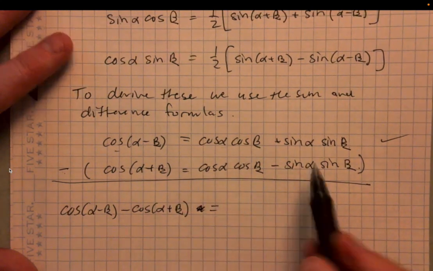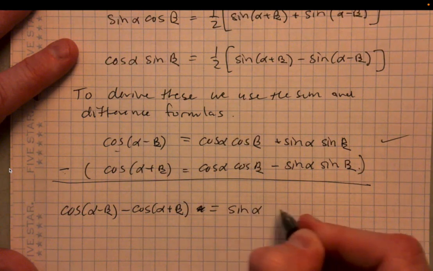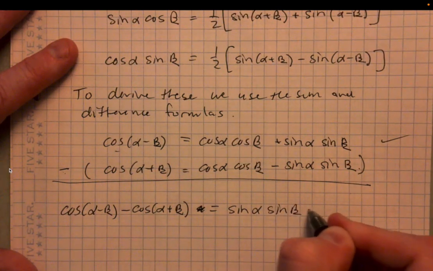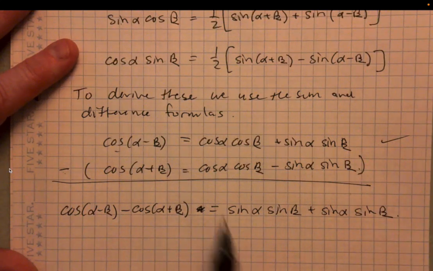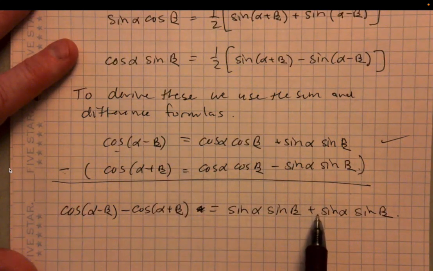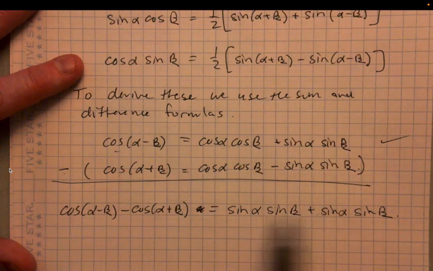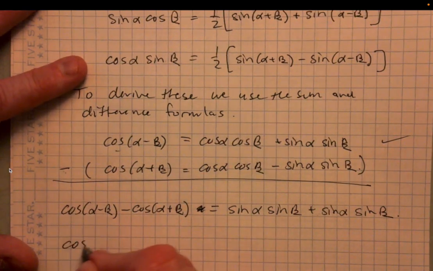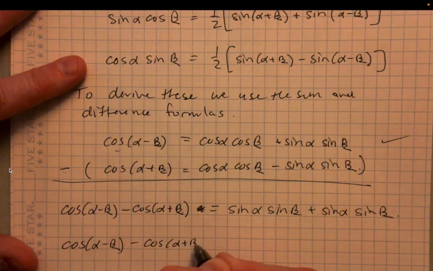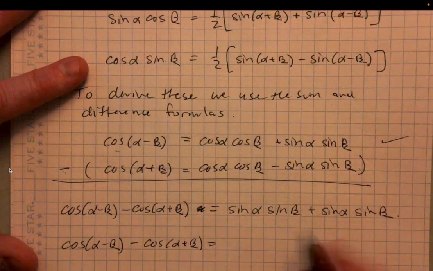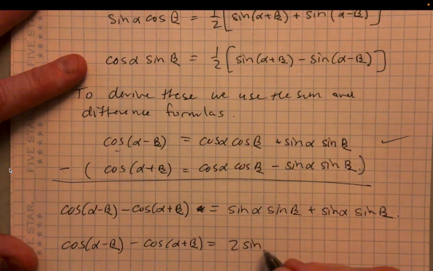Minus a negative gives me the plus. And these are the same two terms twice, so you can just add them together. So I get cos alpha minus beta minus cos alpha plus beta equals 2 sine alpha sine beta.